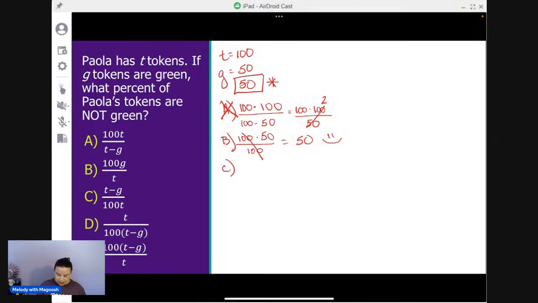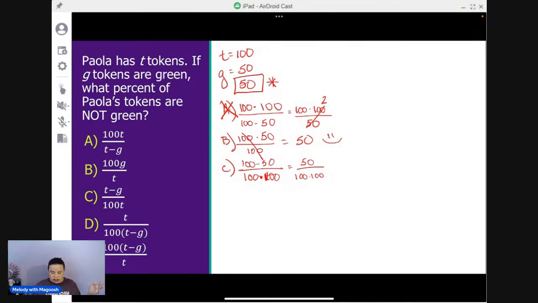C says t minus g, 100 minus 50 over 100 times t times 100. That's 50 over 100 times 100. Whatever it is, if I take 50 and I divide it by some multiple of hundreds, it's not going to equal actually 50.